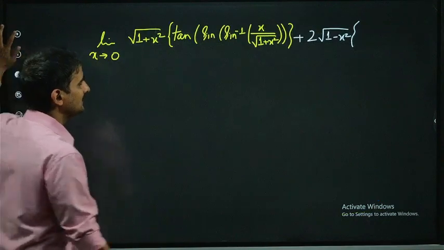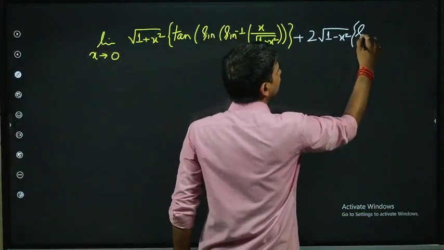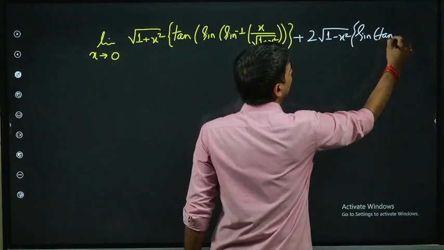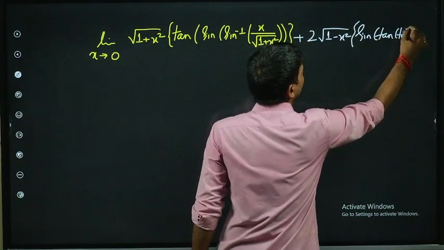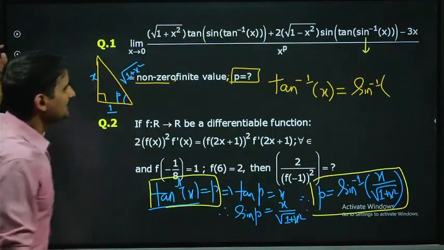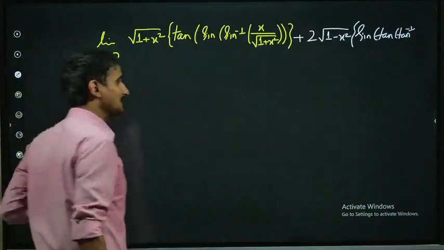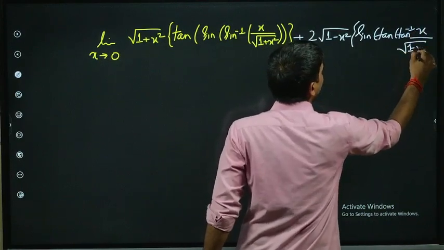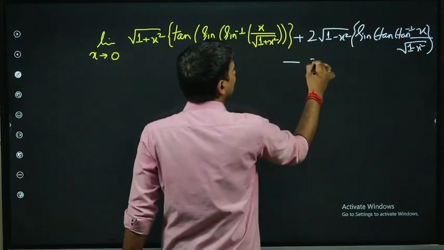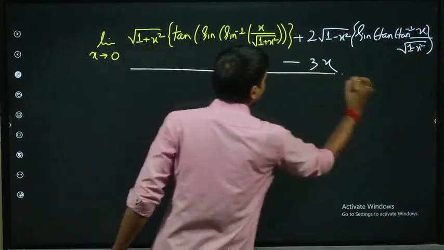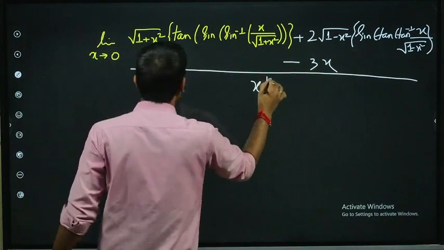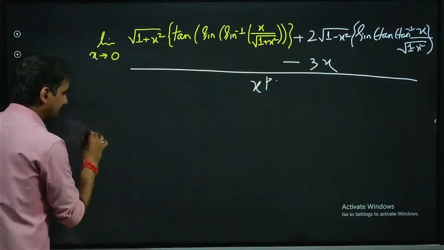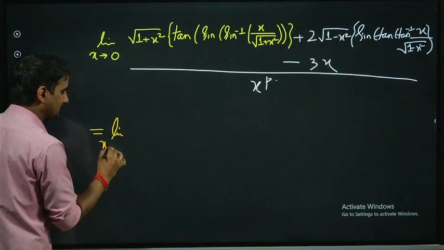So I will write it as sine of tan inverse of, it was sine inverse of x, so the opposite side will be x, and it will be x upon square root of 1 minus x square, and then minus 3x, whole divided by x raised to the power p.